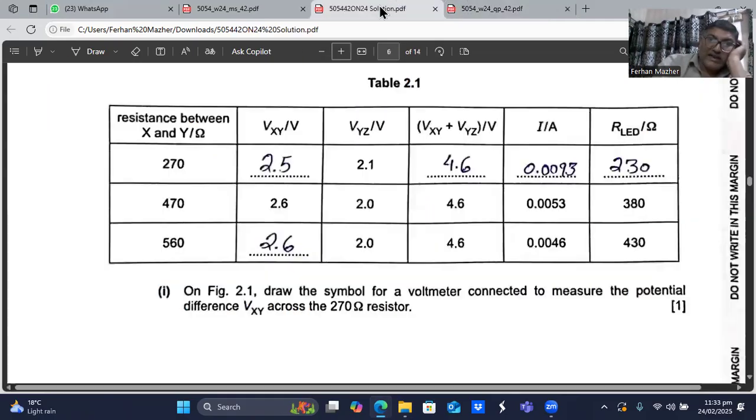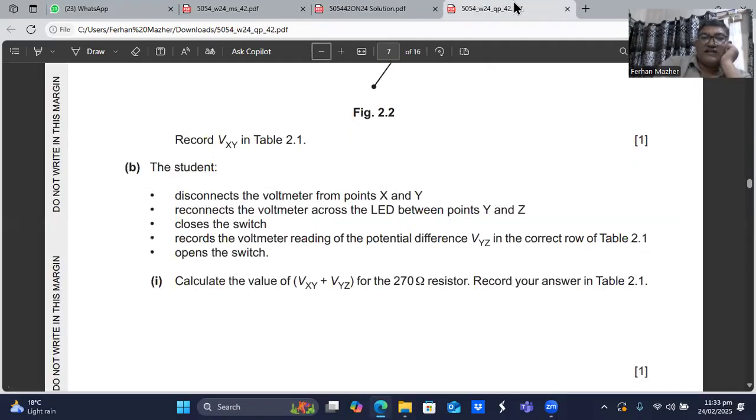So in that table, we have to put our reading. This is 2.5 volt. This is 2.1 volt. We just add them up. That will be the total voltage.